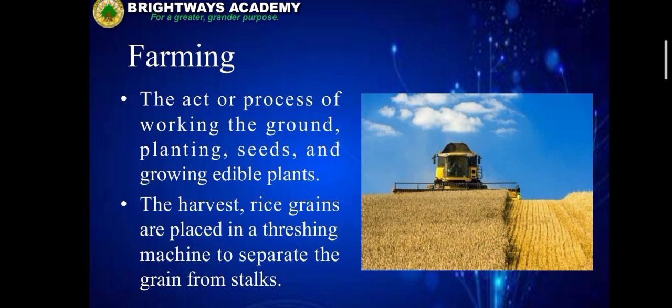As you can see on the pictures on the PPT, we have the harvester. The harvester is a fast method where we can easily harvest the rice on the land. Harvesting becomes easier when we use a harvester, wherein we separate the seed, or the palay, from its body.